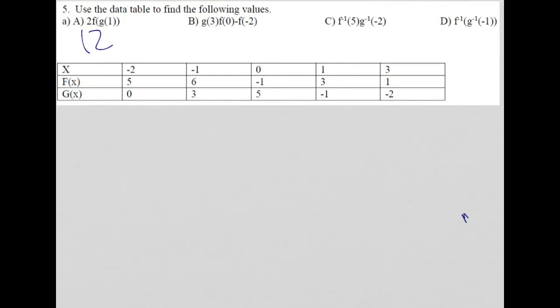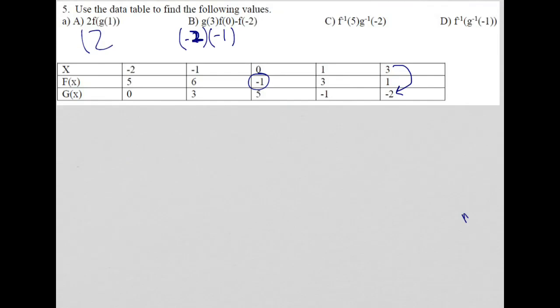So let's do g of 3 first. Well, g of 3 says go to the x value of 3 and tell me what the function g is doing. Well, g is hanging out as the number -2. That's a 2 right there. I promise you that's a 2. So g of 3 is -2. And that's being multiplied by f of 0, and f of 0 is -1.